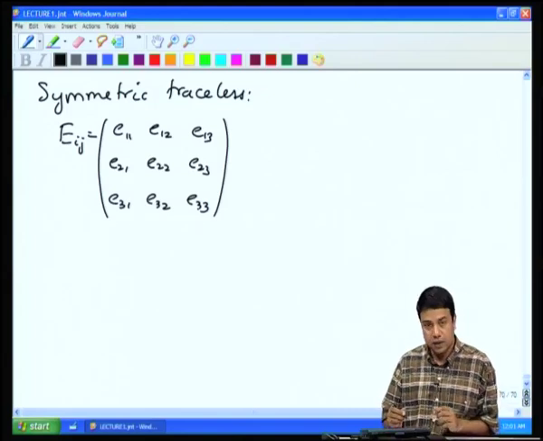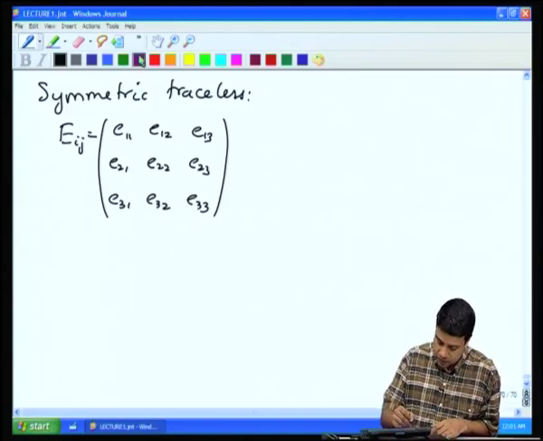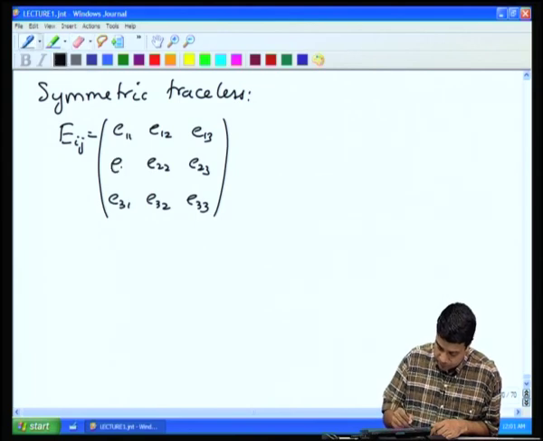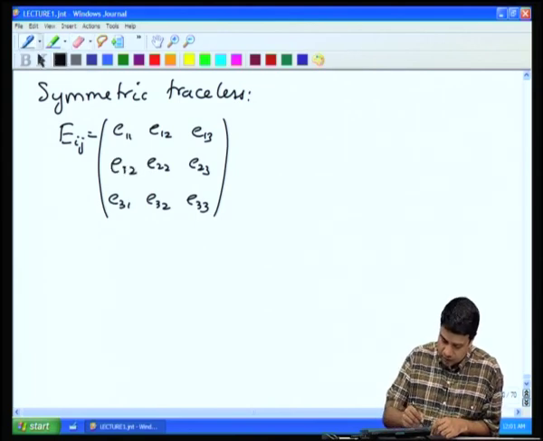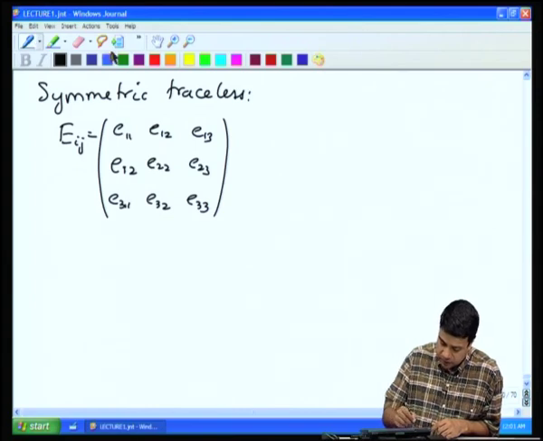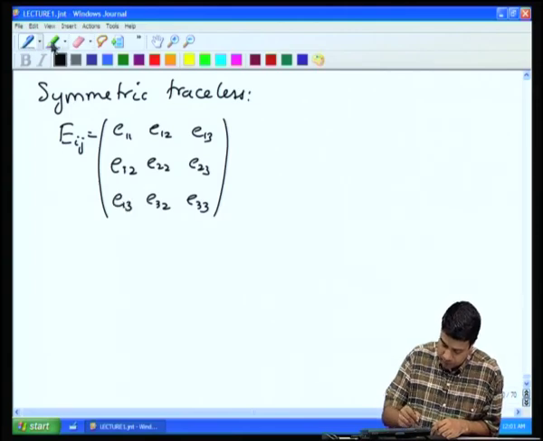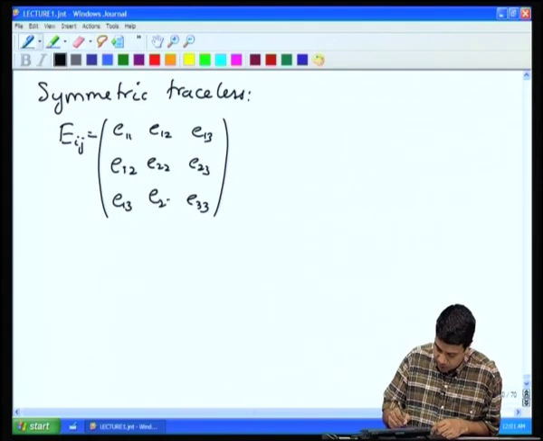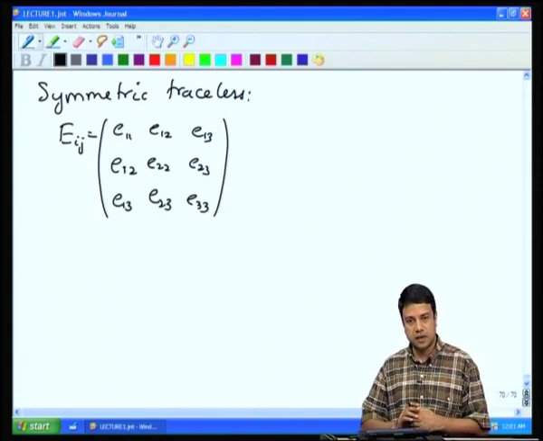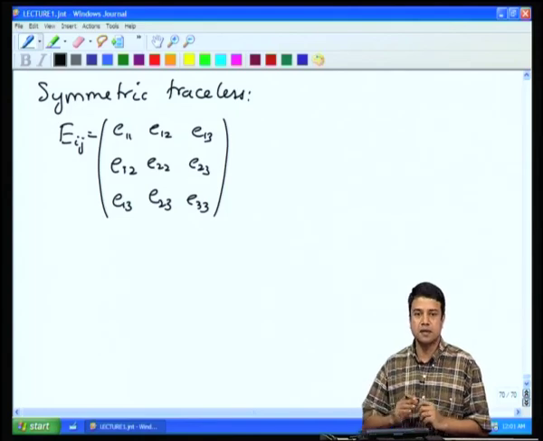And this is symmetric, therefore, E12 is equal to E21 and E13 is equal to E31. It is important to note that. For a traceless tensor, the sum of the diagonals is equal to 0.